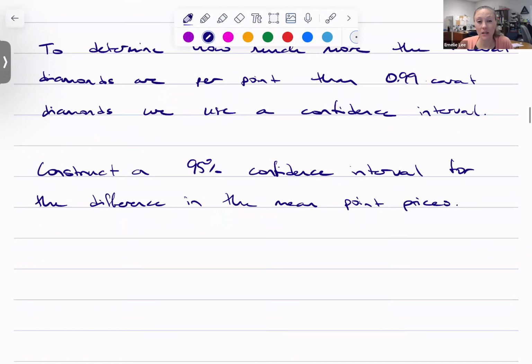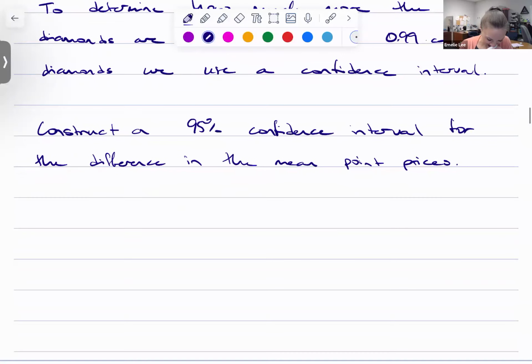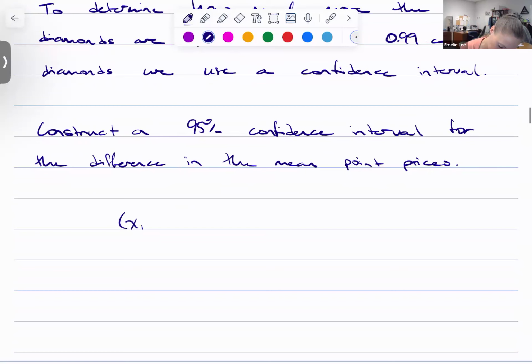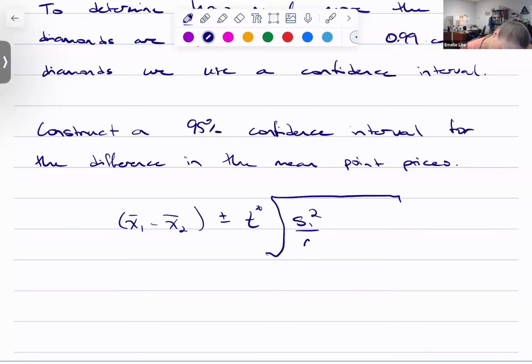Okay. I want to make a 95% confidence interval. I'm going to recycle a lot of the information that we already had, right? And so we know the standard error, which you've already calculated. We did it in Desmos, but you would have it somewhere, probably stored in your calculator or in Excel or something like that. So then you can just reuse it if you want, right? And so what we have, we want to build a confidence interval for x1 bar minus x2 bar plus or minus t star times the square root of s1 squared over n1 plus s2 squared over n2.